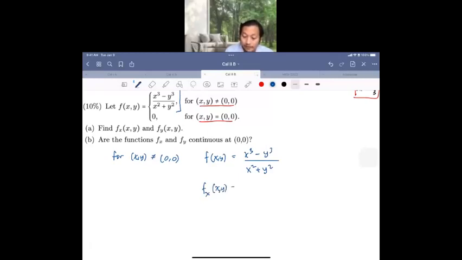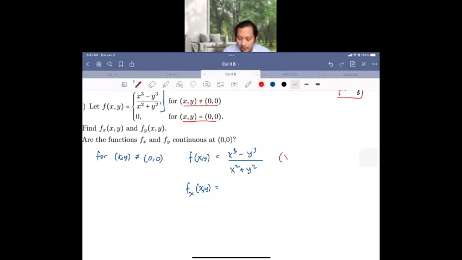So we could use the quotient rule, or if you would like, we could make this a product rule, also fine. I believe the product rule is maybe better.